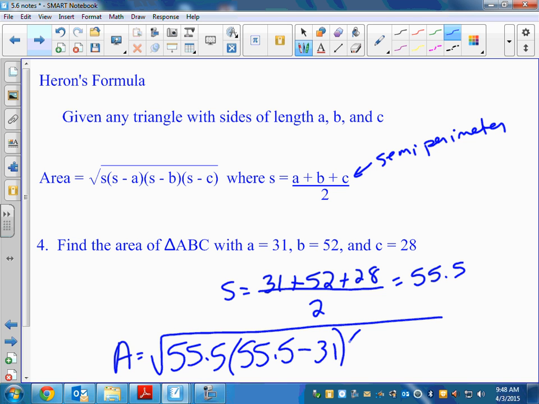So minus 31, 55.5 minus 52, 55.5 minus 28. And I'm going to type that all in my calculator at once, including the square root sign, and I'm going to get the area. So yes, you have to memorize the formula, because if I gave you the formula, there's nothing even to do here.